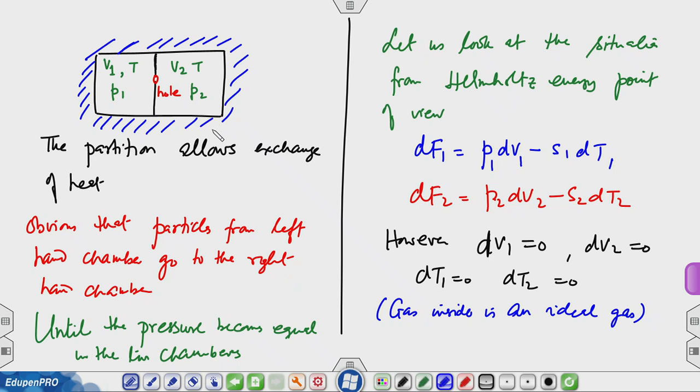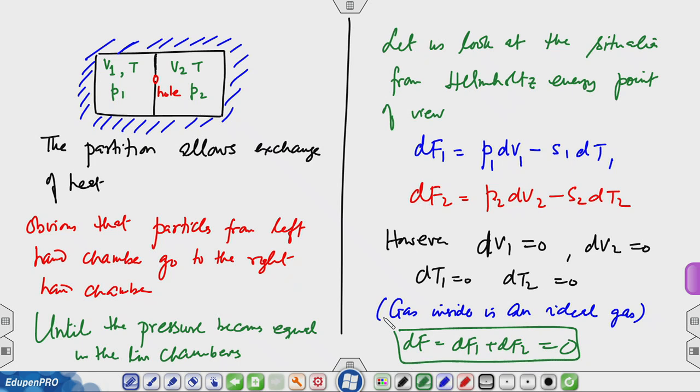And yet, dF, which will be dF1 plus dF2, is equal to 0. And yet, the system is undergoing an irreversible change in that particles are moving from left to right until the equilibrium is achieved. But this is not true.